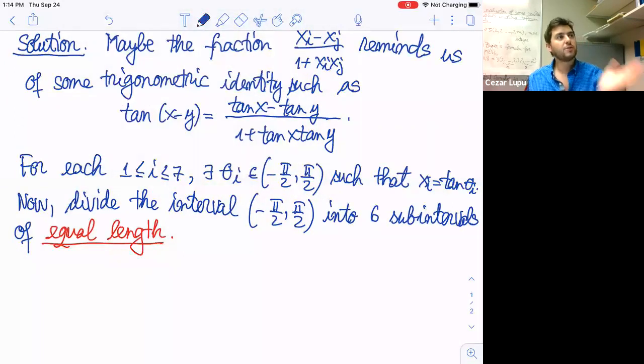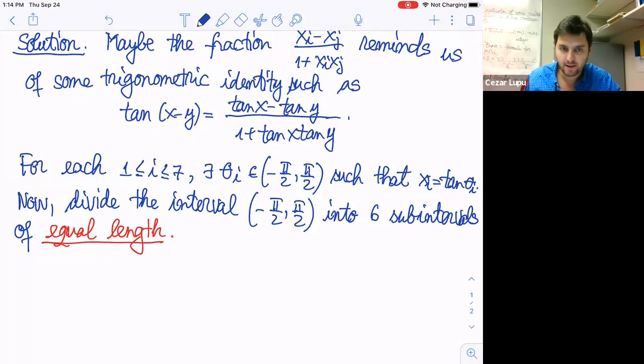From negative pi over 2 to 0 and then from 0 to pi over 2, I have 2 quadrants here, the fourth one and the first one. So how should we divide into equal length? In fact, can you tell me, without even writing the subintervals, what will be the length of each subinterval of those 6? That is the question. What is the length of that?